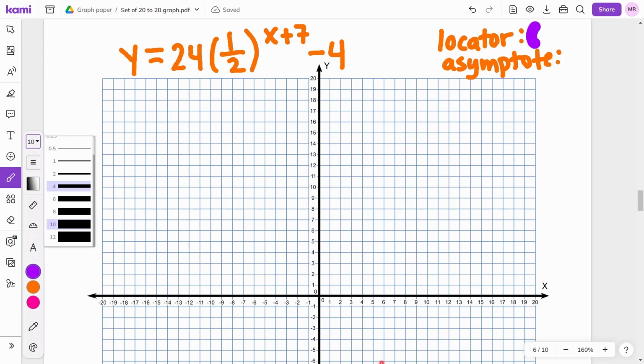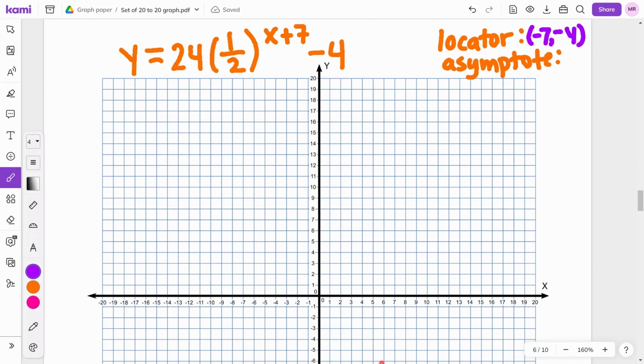Okay, -7, -4. And then my asymptote is at y equals -4. So I'll put that point at -7, -4. It's going to be right there. I'm going to have my horizontal asymptote going through that.